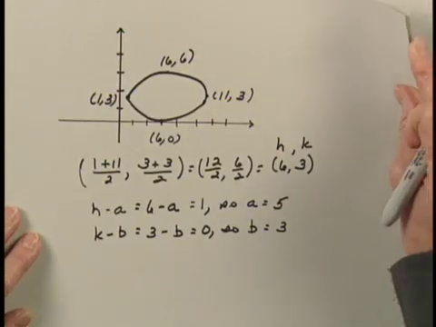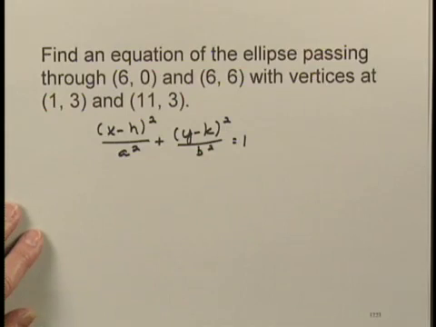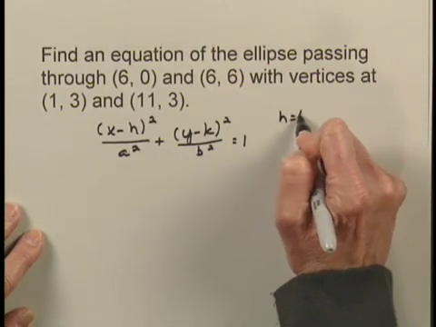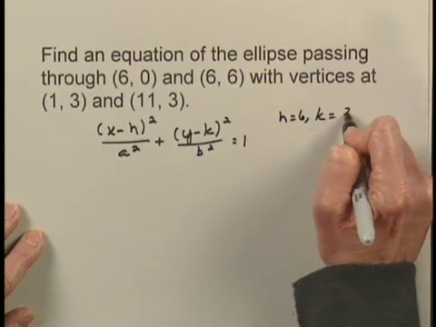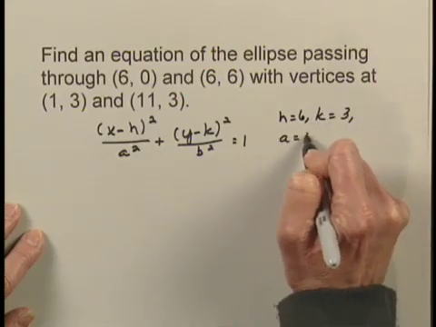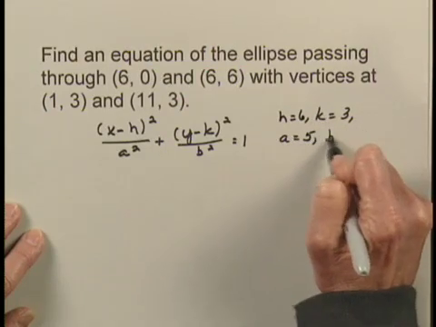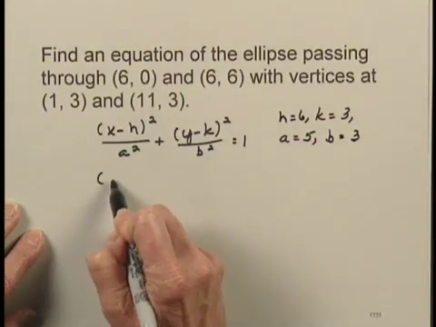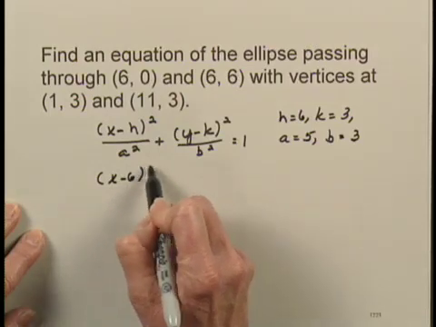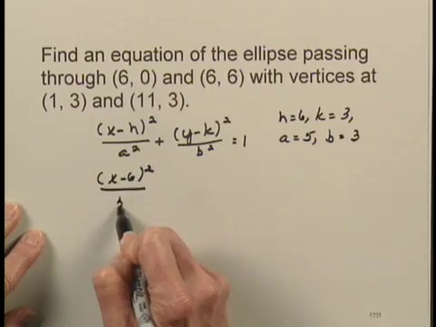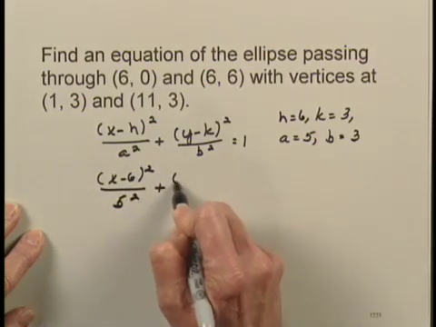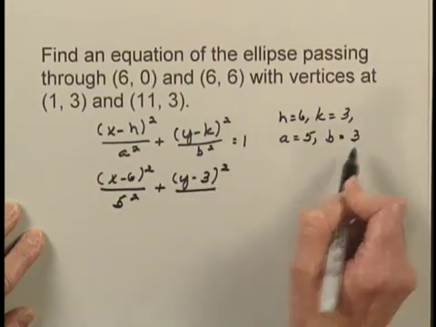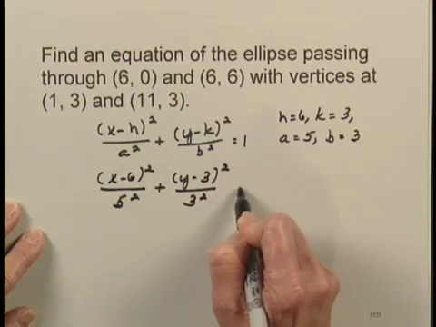So let's go back and substitute in this standard form. We found that h was 6, k was 3, a is 5, and b is 3. So let's just make those substitutions. We'd have (x minus 6) squared over 5 squared, plus (y minus k), or (y minus 3), squared over b squared, which is 3 squared.